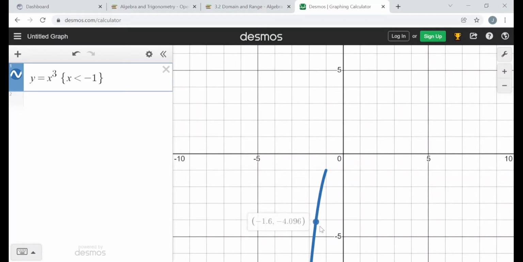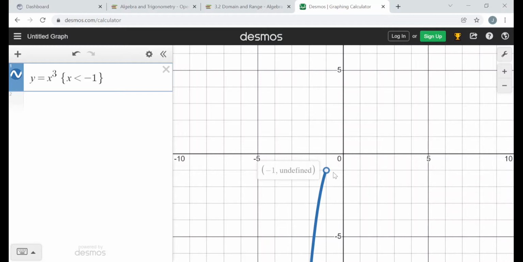And you see when I move my points around here, there's -1.61, and so on. And look at the top though. See that hole? See how that is a hole, -1 comma undefined? That's exactly what I had in my drawing. There is no point there. There should be no point with an x coordinate at -1.